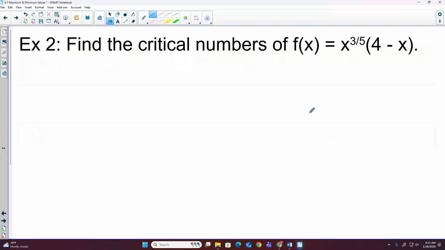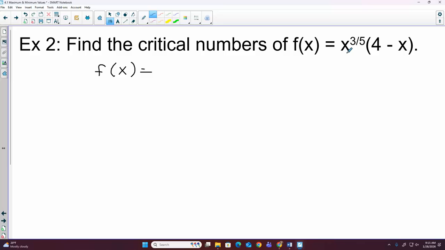So for example, if I asked you to find the critical numbers, we need the derivative. What would you do before you did the derivative of this? I mean, we could do product rule, but I probably wouldn't.